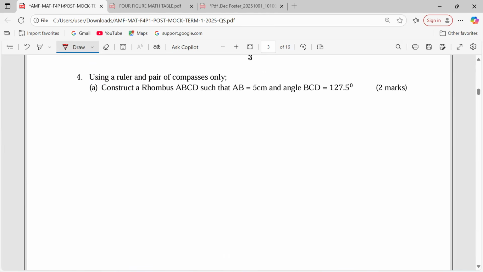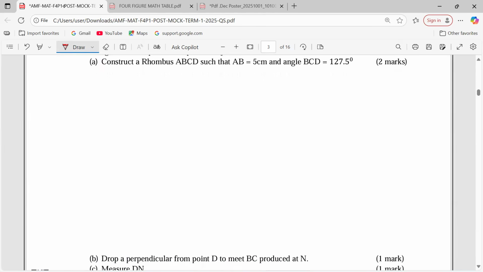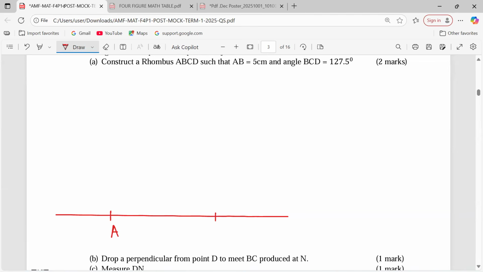We construct a rhombus. I begin by drawing the line AB, 5 centimeters. So I stand at A, then I measure 5. And remember, it's a rhombus, so that's 5 centimeters.